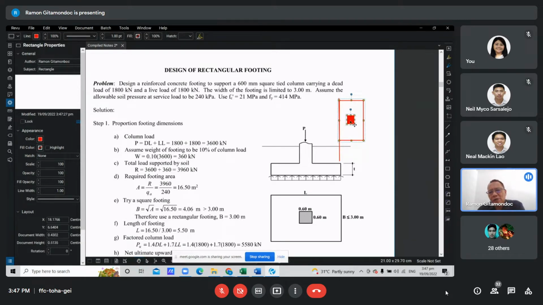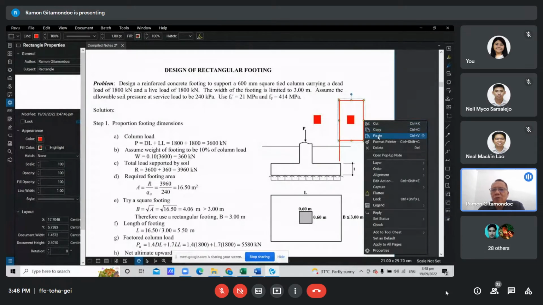Lain sad nga situation kung pananglitan ang spacing between two columns are too close, no?